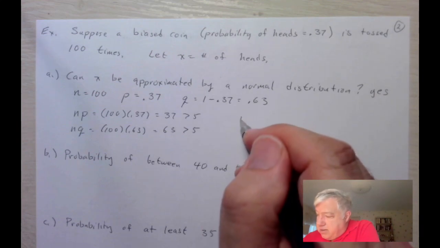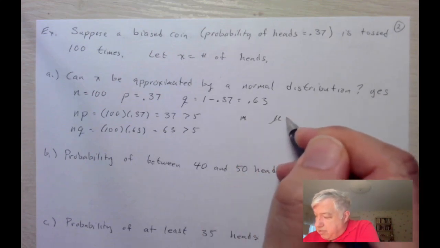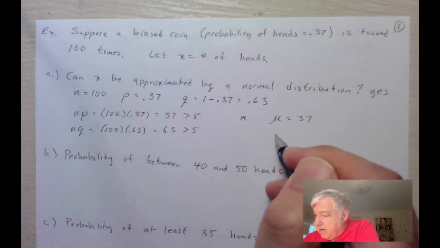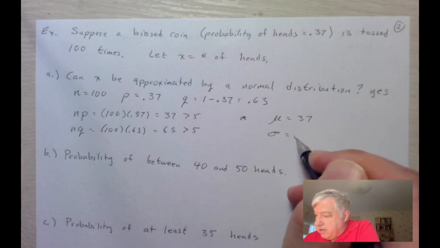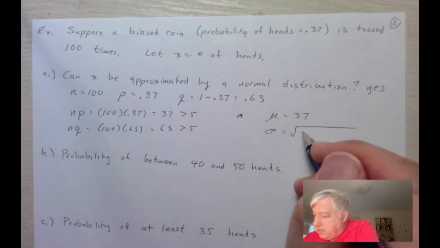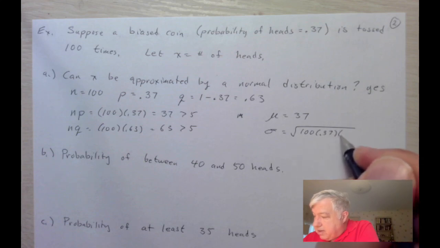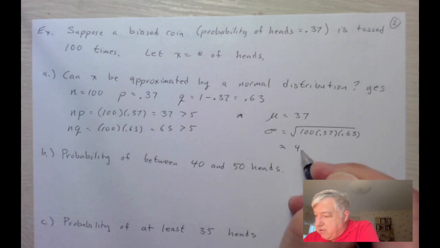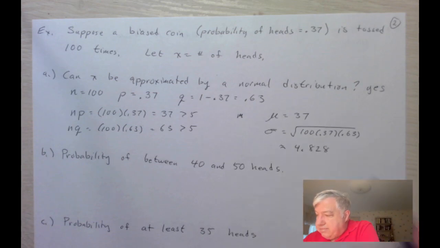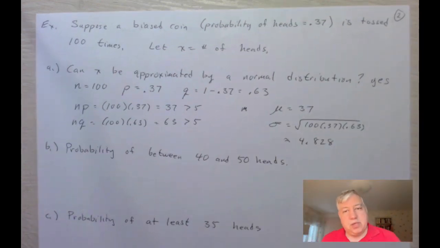And our mean, or our mu, is going to be 37, and our sigma, the standard deviation, is the square root of 100 times 0.37 times 0.63, which is approximately 4.828. So this is what we want to use in the normal CDF commands.